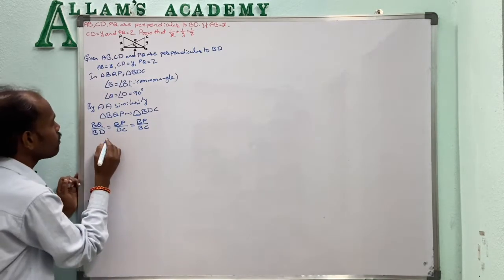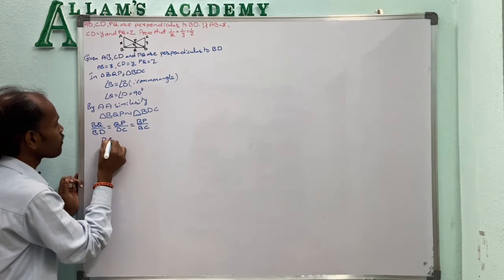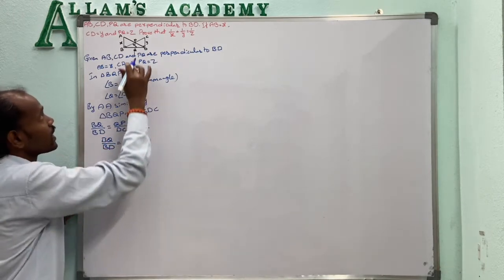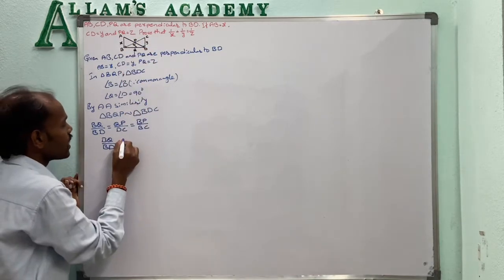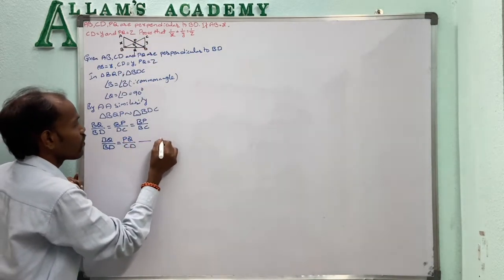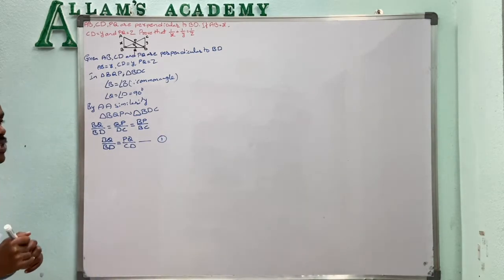So I am taking BQ by BD equal to PQ by CD, that is the information I am using.